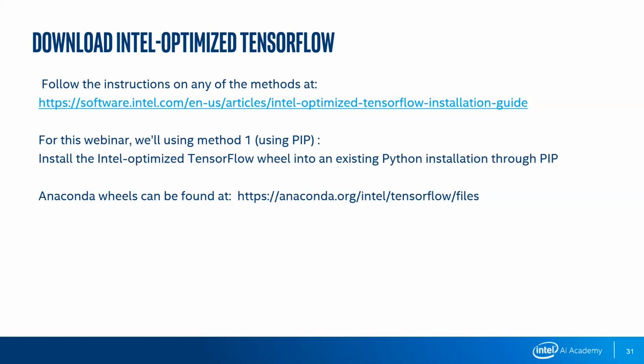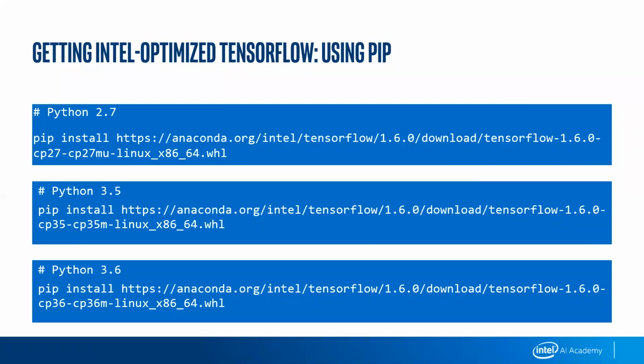You can use pip install. You can use Anaconda wheels, possibly another way by which you can get access to the latest. We take advantage of certain libraries, and by enabling those options when we build TensorFlow, it gives us that ability to accelerate that.